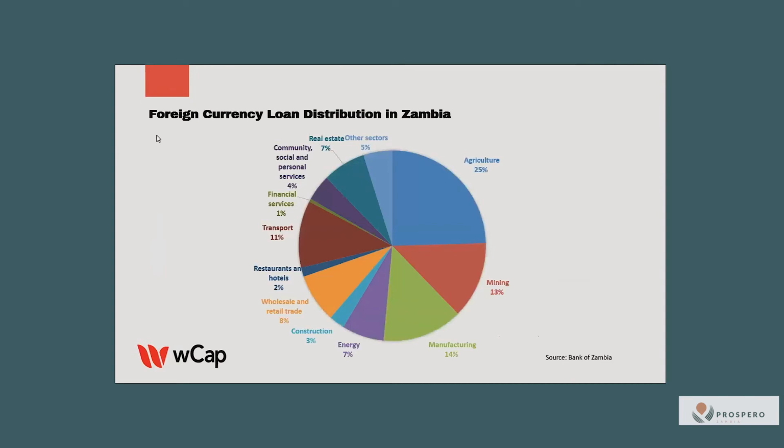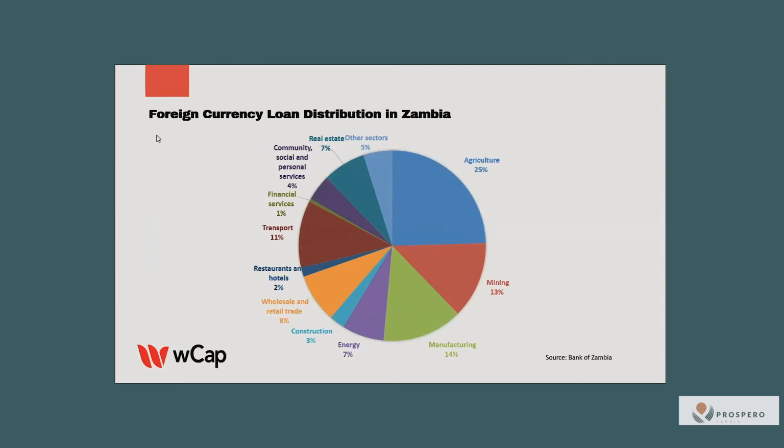This is a graph that depicts the distribution of foreign currency loans within the financial system in Zambia. It's recorded in US dollars by the central bank, and they report that the total value of loans and advances in foreign currency at the end of December 2020 was 944 million US dollars.